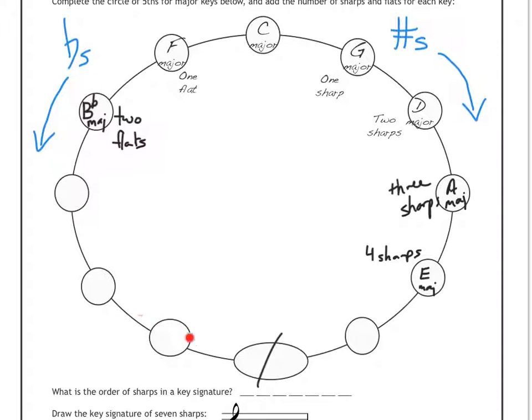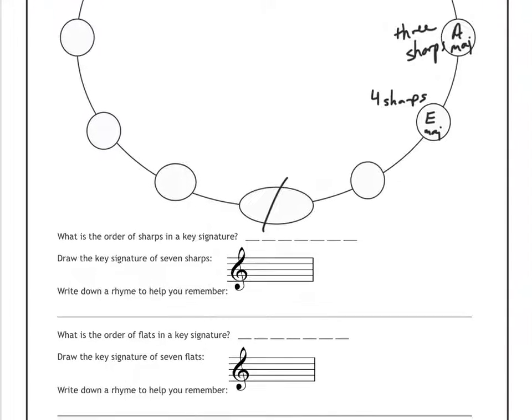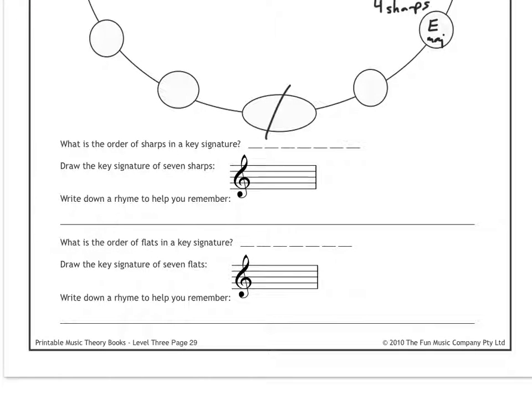All of these answers down the flat side will have a flat sign in their name. It'll be E flat major, D flat major, G flat major, A flat major. These will all have flats in their name because you're going to land on a black key if you do it properly.